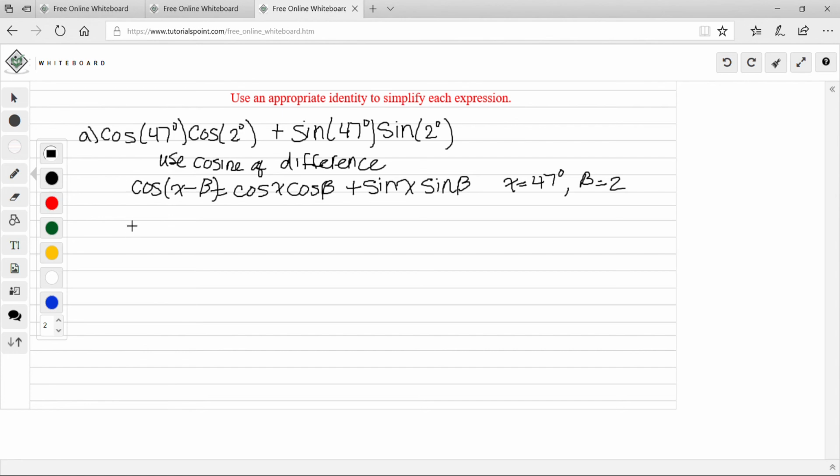That's like saying cosine of 45 degrees, right? You can actually do all the work, but I know that cosine of 45 degrees is just root 2 over 2. That's your final answer.